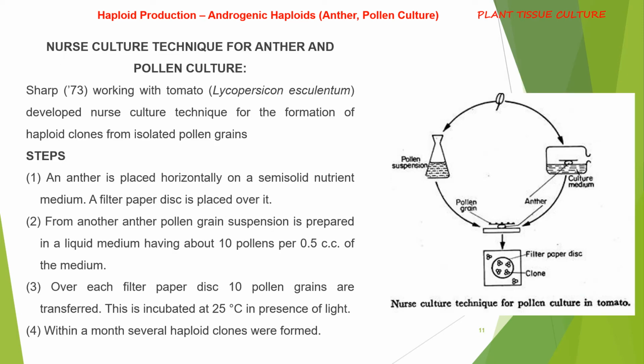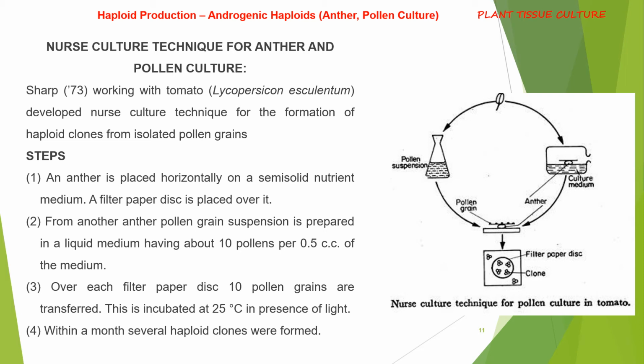In certain cases, nurse culture techniques are utilized for anther and pollen culture. It was first developed in case of tomato. In this method, the anthers that are isolated from sterile young buds are placed horizontally on a semi-solid nutrient media. A filter paper is placed on top of it.